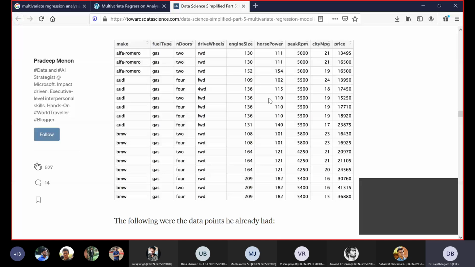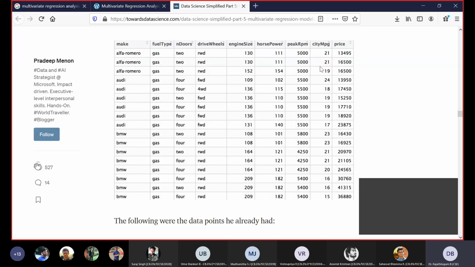Engine size, horsepower, the RPM, peak RPM, and city MPG, mileage per kilometer. What is the mileage that you get? And what is the price? So this is actually in dollars. So it's fine. Now you have so many parameters that is going to determine the price of the vehicle. So you simply consider price of the vehicle as Y and the rest of them as X1, X2, X3, X4, X5, X6, X7, X8.